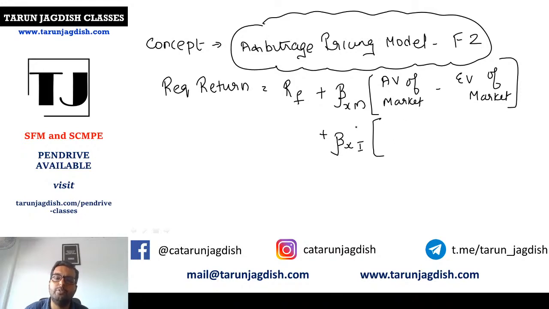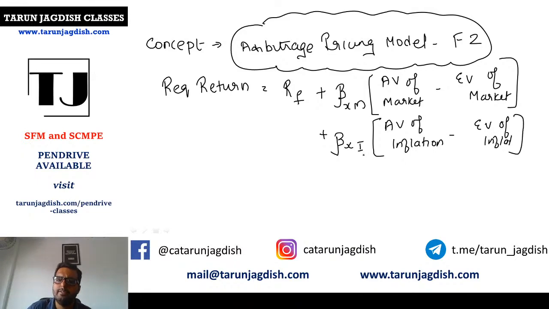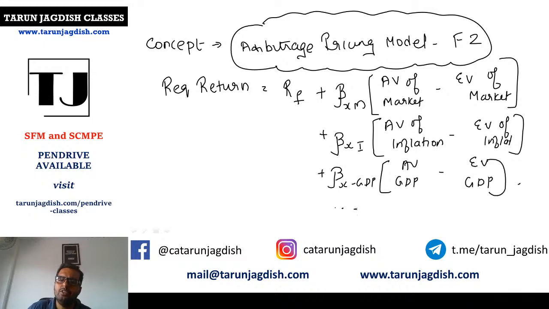For every 1% change in inflation, what is the change in the security, into actual value of inflation minus expected value of inflation, plus beta of GDP into actual value of GDP minus expected value of GDP, and so on. This fellow thought he will get the Nobel Prize. My dear friends, tell me, will he get a Nobel Prize? No, never. But this formula also came in your syllabus. Please write down in your books, friends.